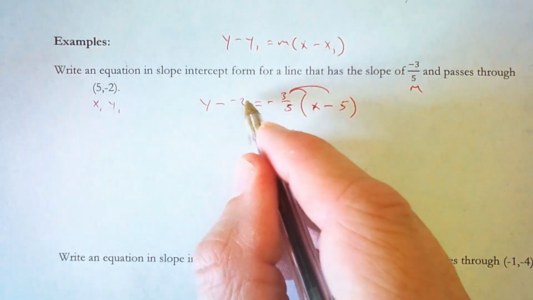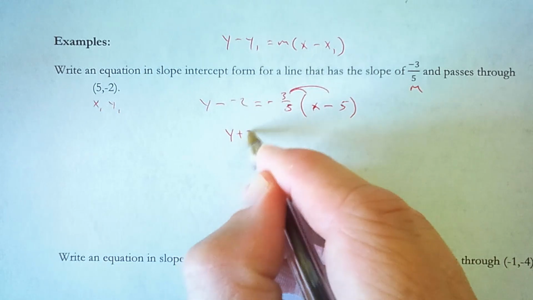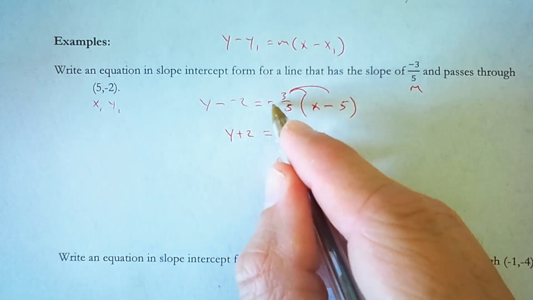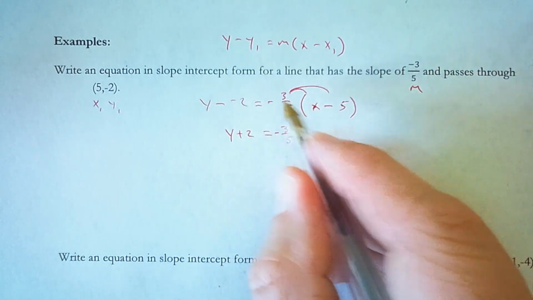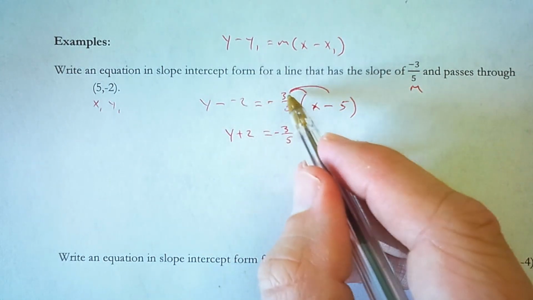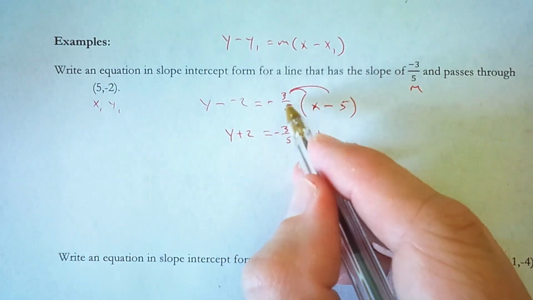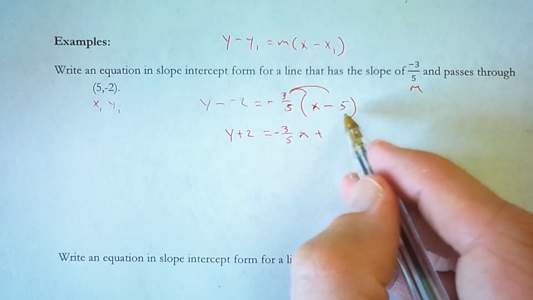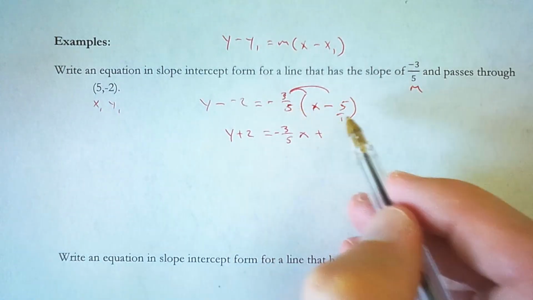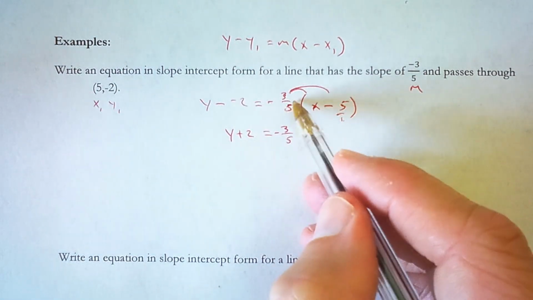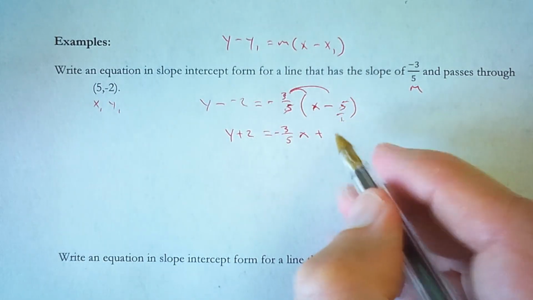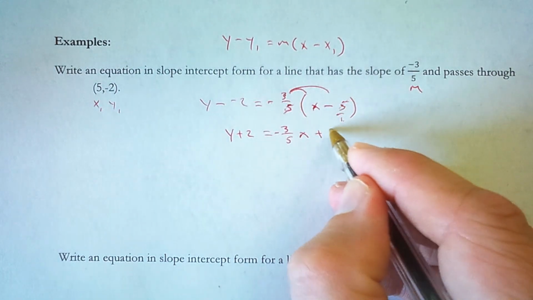So y minus negative 2, that's the same as y plus 2, equals negative 3/5 x, and then negative times negative is positive, and we've got negative 3/5 times negative 5 over 1, so that's going to be 15 over 5, which is just 3, or we could cross simplify these 5s, and we'll end up with 3.